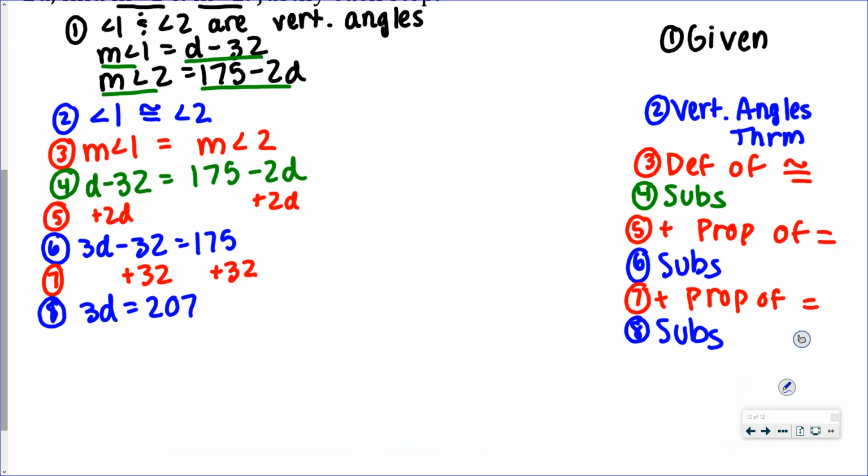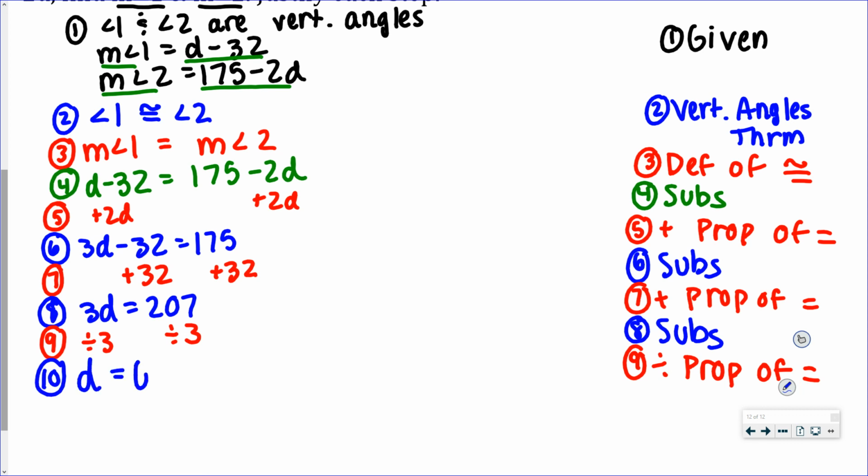Almost done. Divide by 3. All right. So we solve that algebraic equation for d, and we get 69.